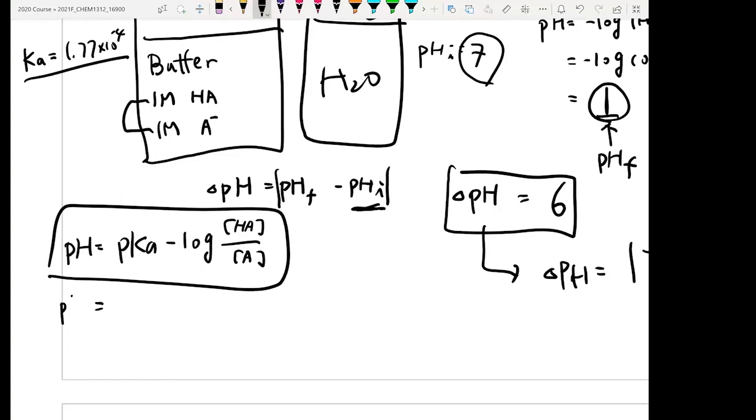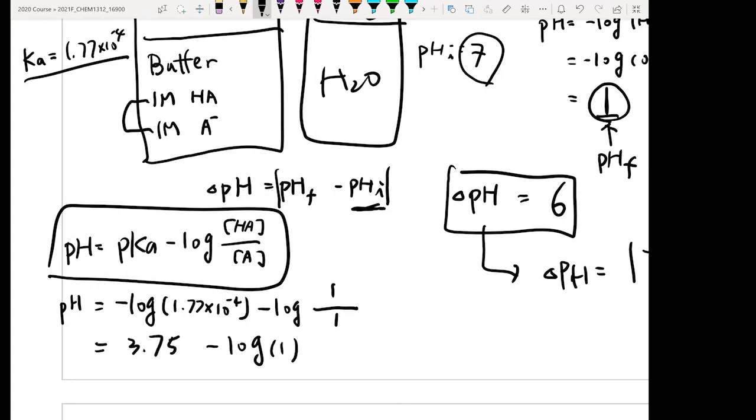Therefore, the pH of your solution will be pKa, which is negative log Ka, 1.77 times 10 to the negative 4, minus log. What is your acid concentration? 1, right? How about your base concentration? It's also 1, right? So here it will be just 1 over 1. So the first term gives you 3.75 minus log 1. So the initial pH, pHi, is just equal to 3.75.